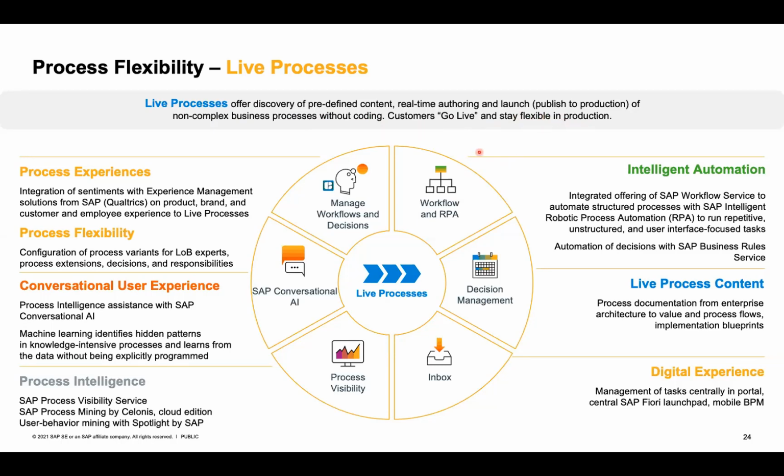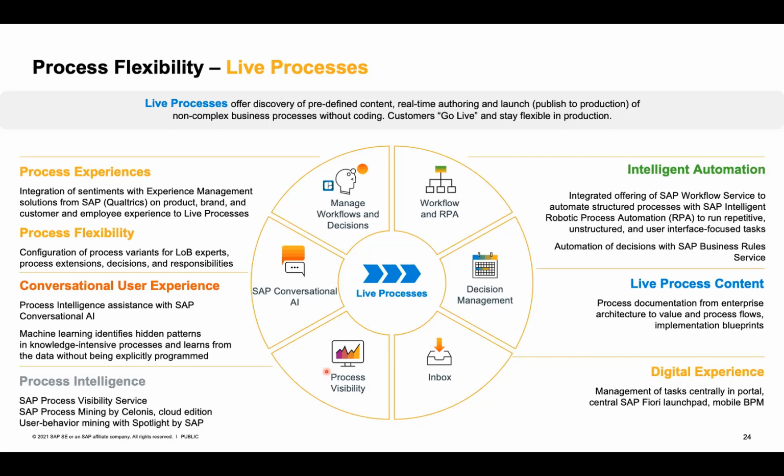So basically, you have this predefined content. You just have to perform very few steps to actually deploy it and to make use of it, and then you have the running process without needing to develop your own process from scratch. And again, in this graphic, you see we have the integration with all of these other services that we partly already heard about, like the business rules or process visibility.